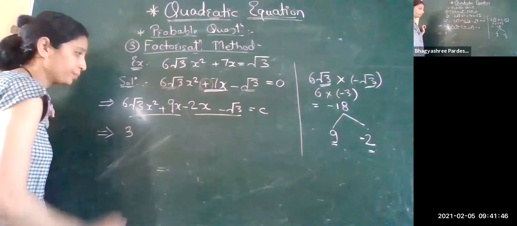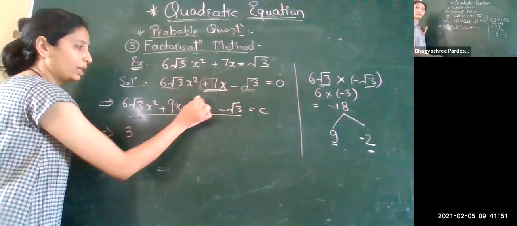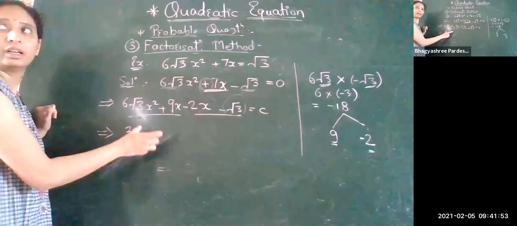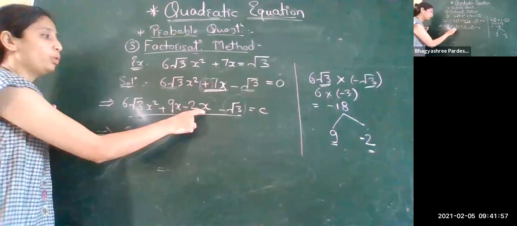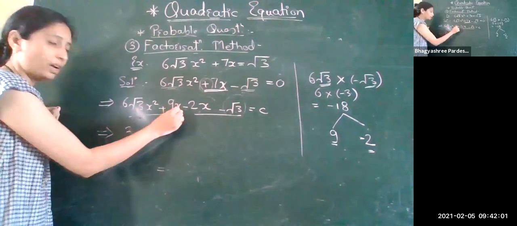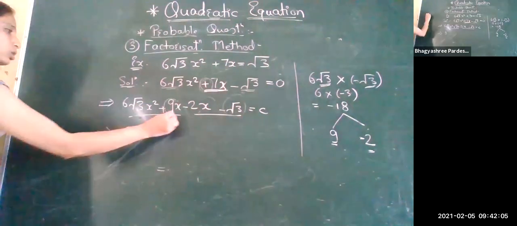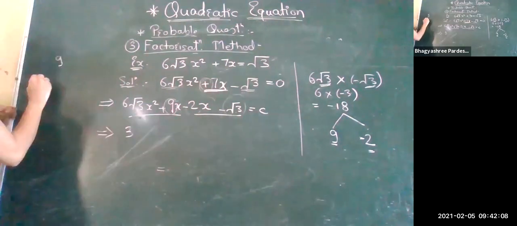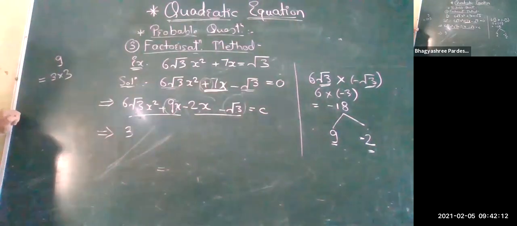One more thing. If you look here, this whole bracket will be 2x and root 3. That means in this, our common bracket must be 2x minus root 3. But whether I am getting root 3 here common, if I require root 3 here, the root 3 must be common. So what to do here? Just focus on this 9. 9 is actually 3 multiplied by 3, right? 9 is nothing but 3 into 3.